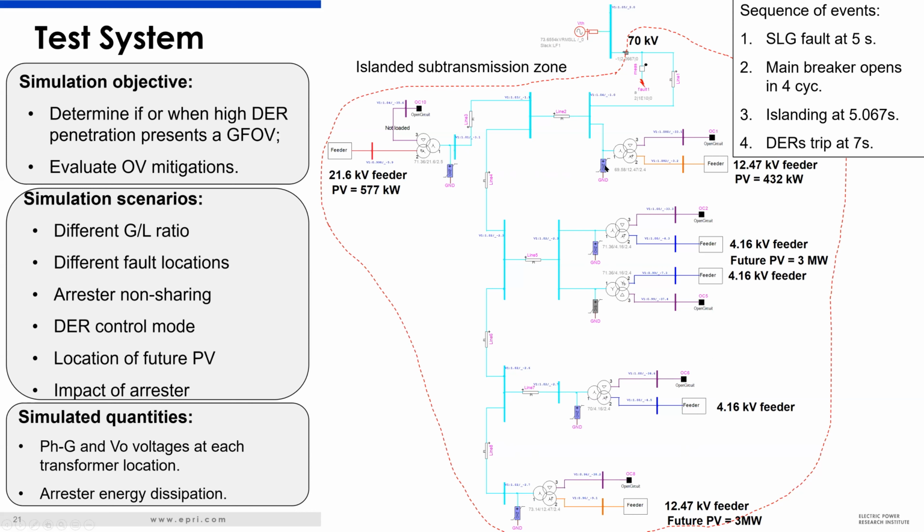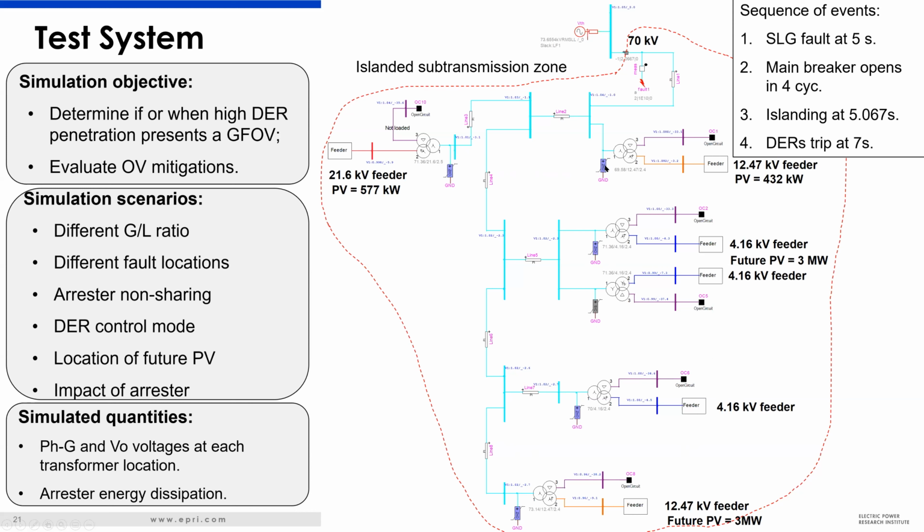For example, in one of the tests, we used 59P with 1.4 pu pickup voltage and a 5-cycle clearing time. And as soon as the overvoltage happened, very shortly after, the transformer protection tripped and isolated the MV feeder behind the transformer. So this could be a GFOV mitigation. This was actually one of the effective options that we studied.